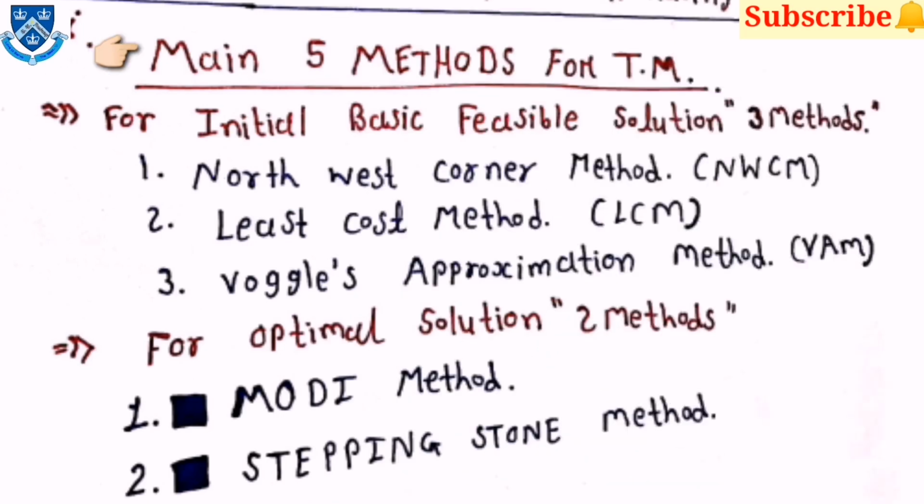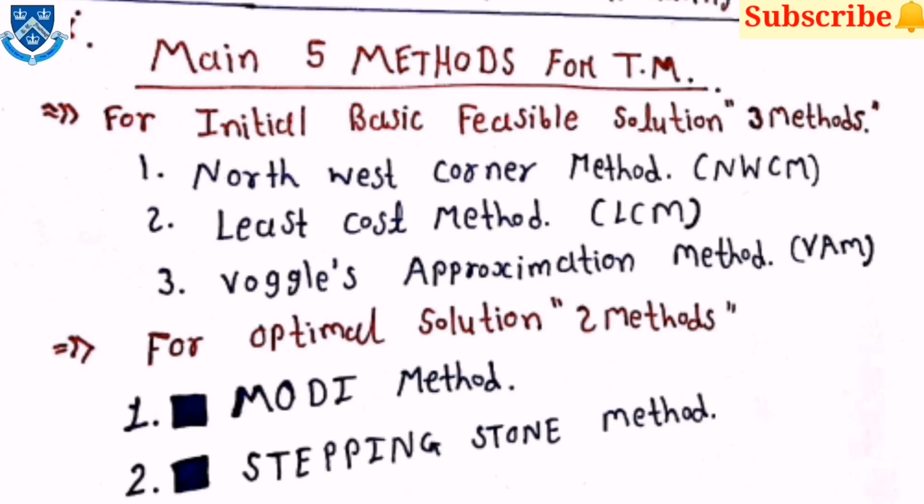Then there are 5 methods for the transportation models. They can be classified in 2 ways. First, for the initial basic feasible solution, there are 3 methods: the northwest corner method, the least cost method, and Vogel's approximation method.